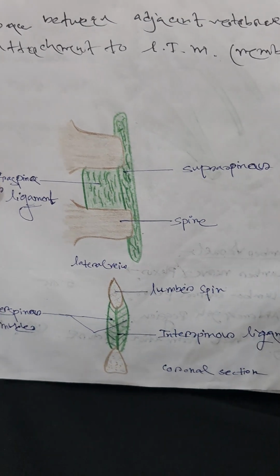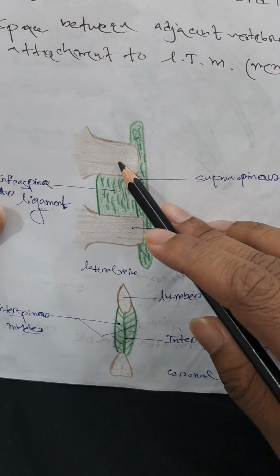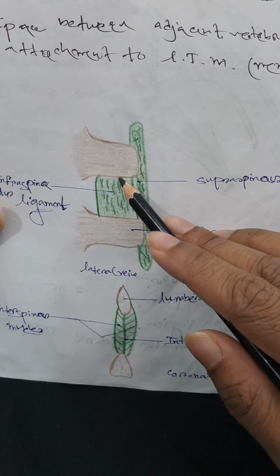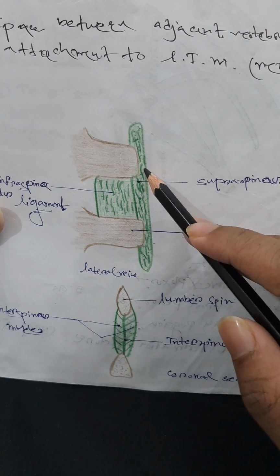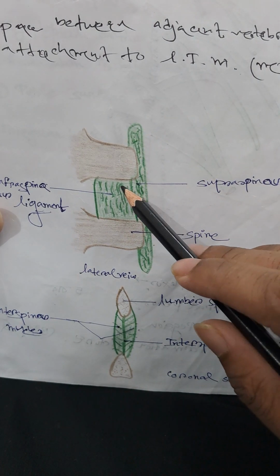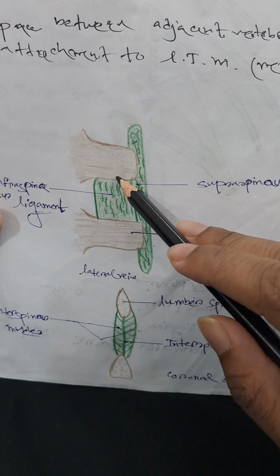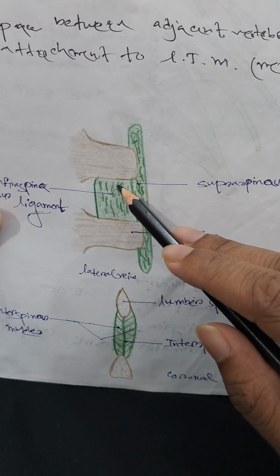This is the figure. This is the corresponding upper and lower lumbar vertebra. This is the supraspinous ligament, and this is the infraspinous ligament. That is how they will be attached.